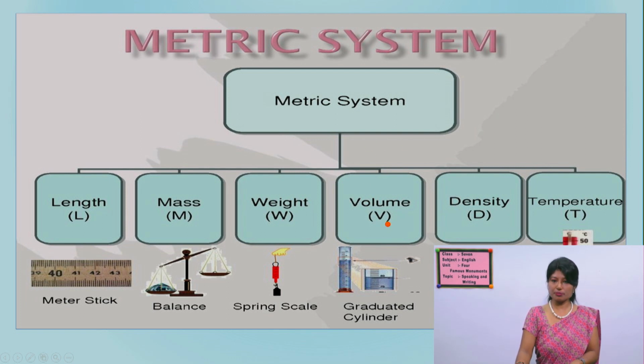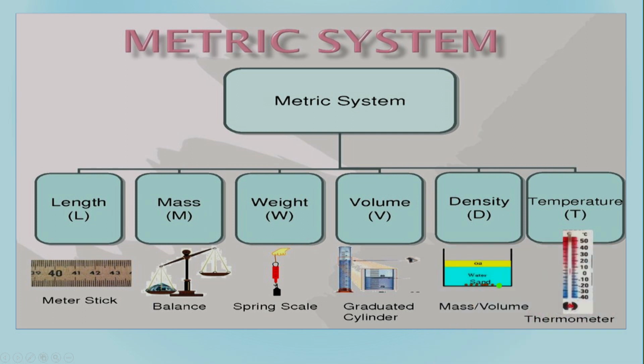And then volume. A graduated cylinder or measuring cups, which we showed before. Mass and volume are used to find out density. Then for temperature, there is a temperature scale, which we call a thermometer.